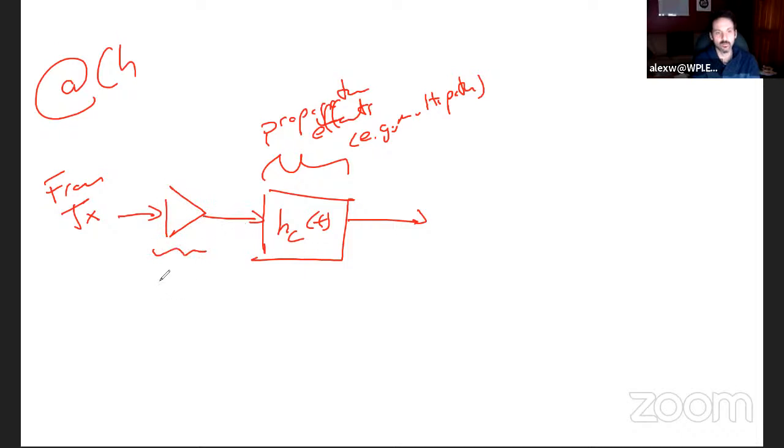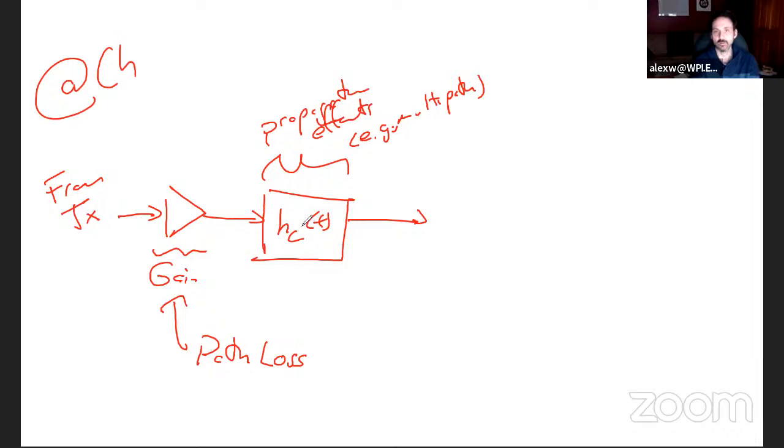There's a gain due to the physics of transmitting a signal from one point, so free space propagation, or even just propagating through a medium. Your signal strength decreases, so we call this path loss. I'll explain that in a second in this lecture. So you have path loss.